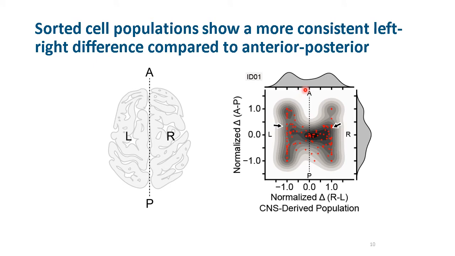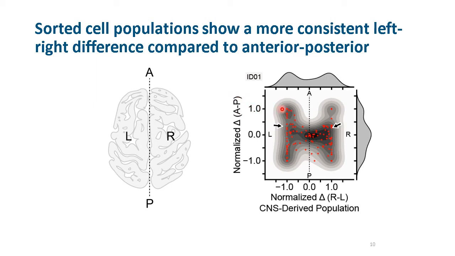To quantitatively show the differences we observed in the previous slide, we use this plot to show on the x-axis the normalized delta between the allele fractions measured on the right hemisphere minus the left hemisphere, and on the y-axis the allele fractions from the anterior brain minus the posterior brain.